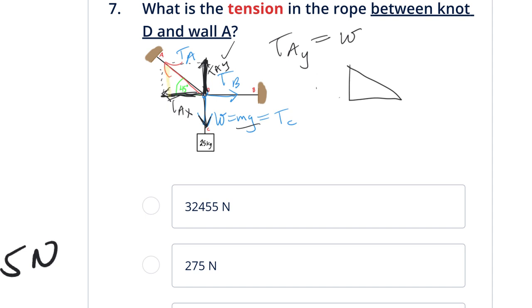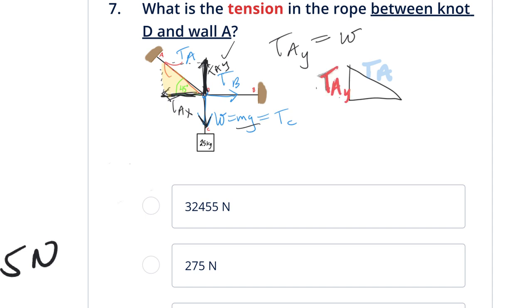I'm drawing this triangle right here. So this is TA, that's what I'm looking for, and I have TAY already. All right, hold on.